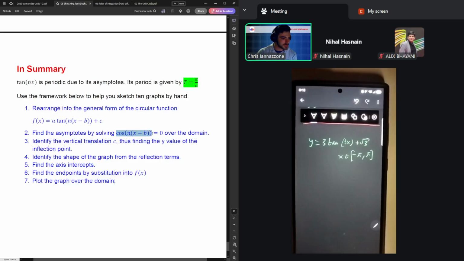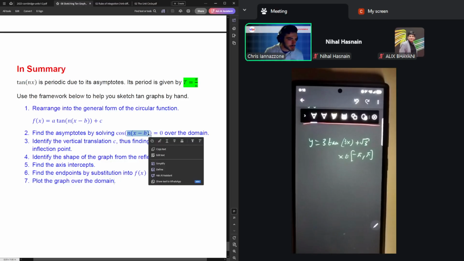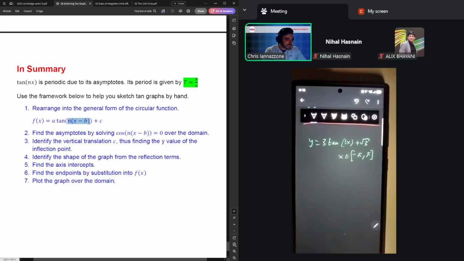Find the asymptotes by solving cos equals 0. I've kept the terms inside the cos exactly the same as the terms inside the tan. On the screen share, it's tan nx take b, and it's cos nx take b. So whatever your tan says, which in this case is tan 3x, we're now going to solve cos 3x equals 0.